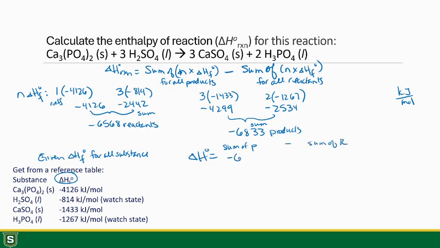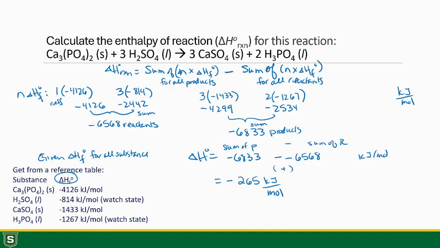So this will be -6833 minus a -6568. These are all in kilojoules per mole. So note that this ends up being positive because I have a double negative, and I end up with -265 kilojoules per mole.